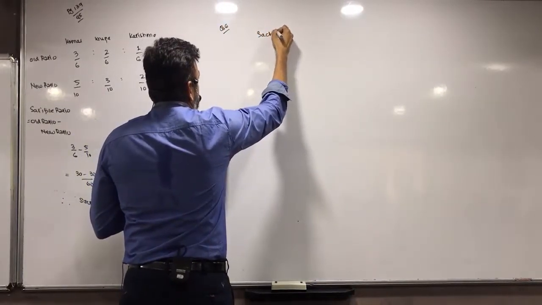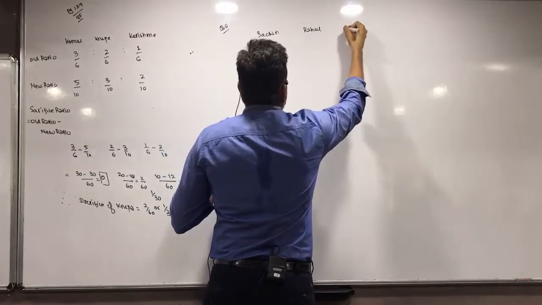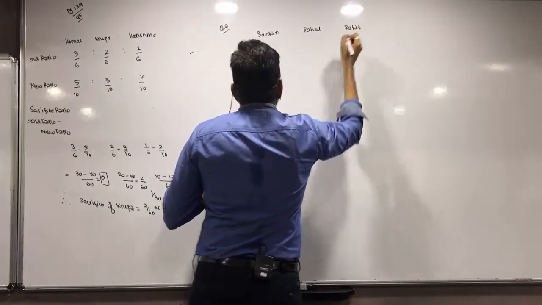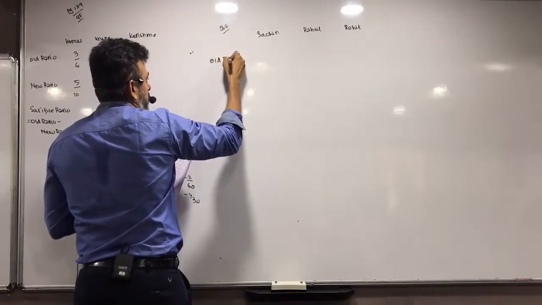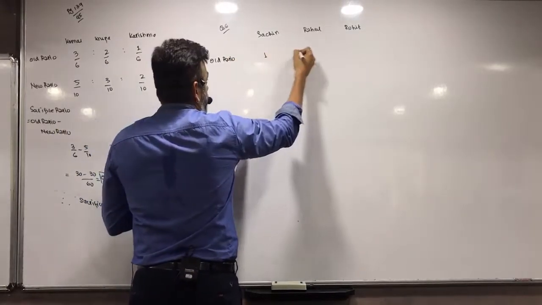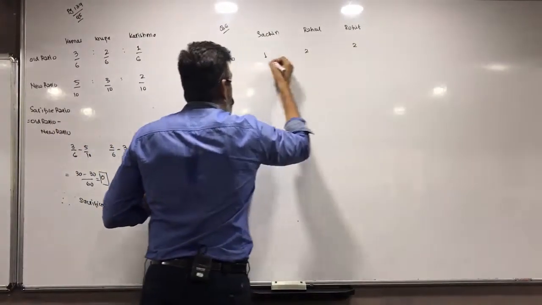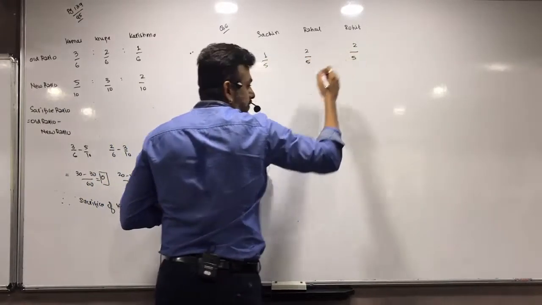Sachin, Rahul and Rohit. Old ratio 1 is to 2 is to 2. So 1 by 5, 2 by 5 and 2 by 5.